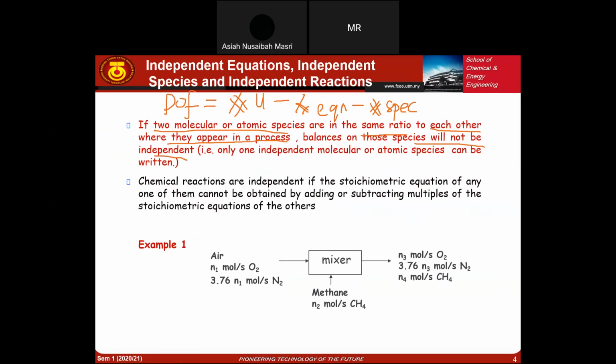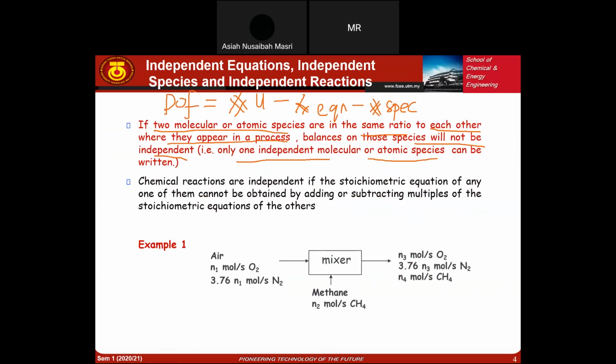Let's say we have two species, and in the inlet they have the same ratio and in the outlet the same ratio. So we will represent it as only one independent balance. So only one independent molecular or atomic species balance can be written. This is referring to the balance, the equation.